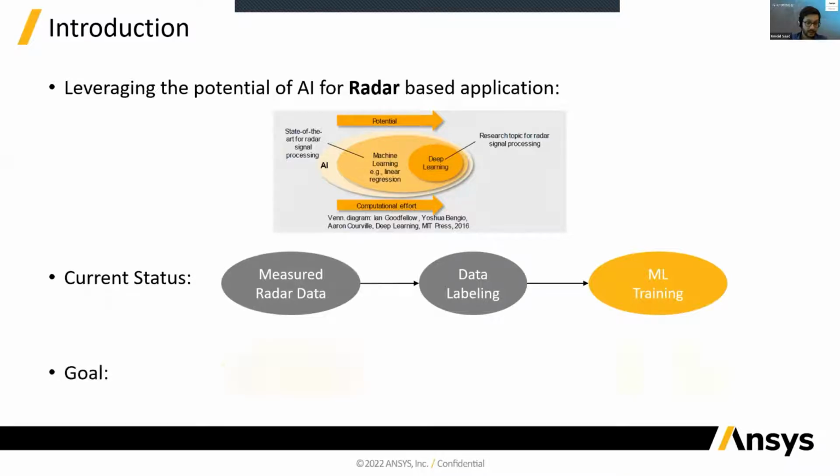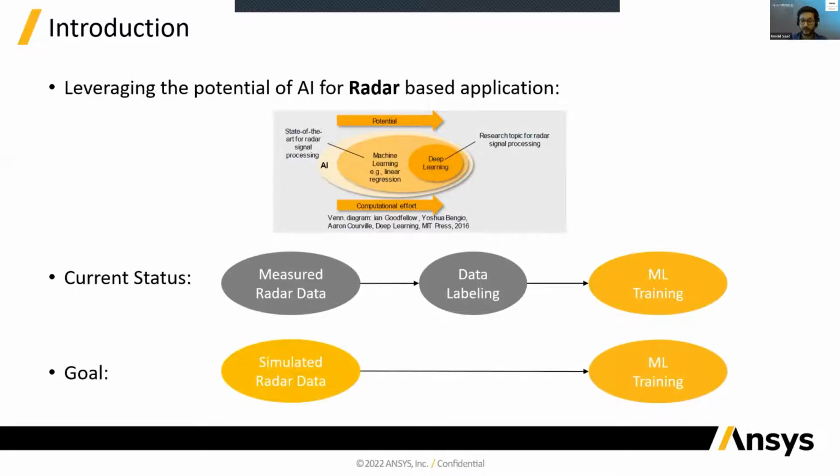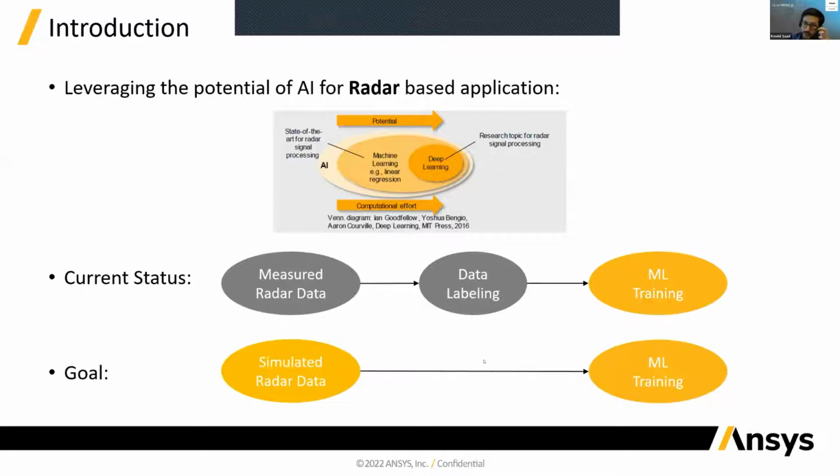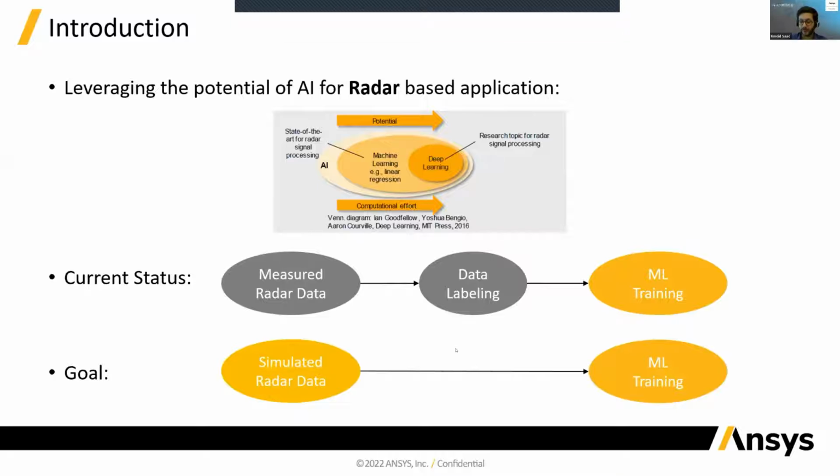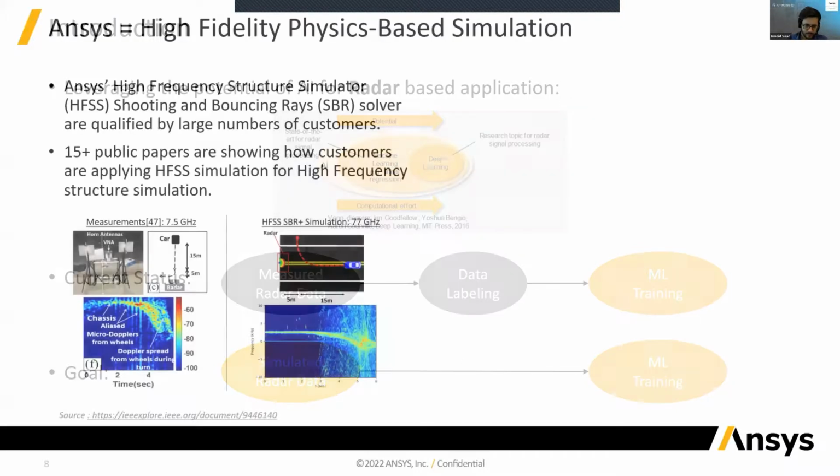The goal here is to go from simulated radar data, and intentionally I'm not putting data labeling, not because the data is not labeled anymore, but because the effort for labeling this data is almost none, simply because you have access to the entire ground truth. You know exactly where your positions are, where your objects are, at each and every simulation frame.